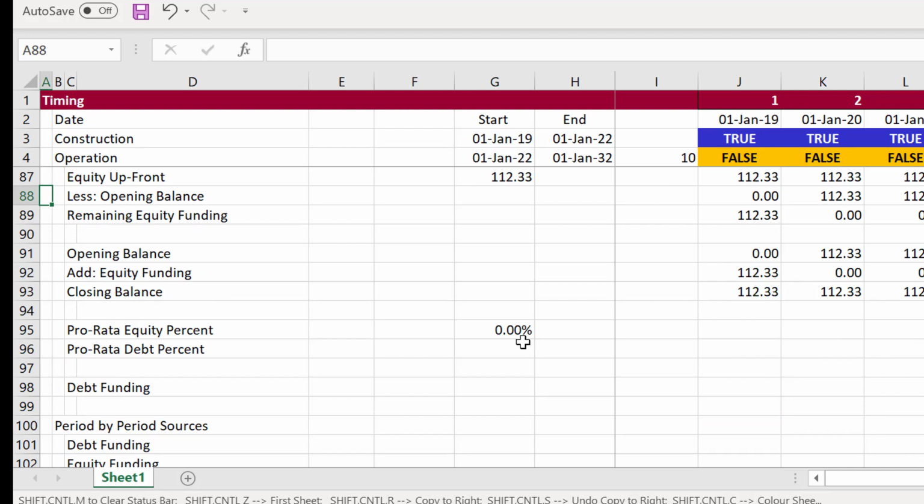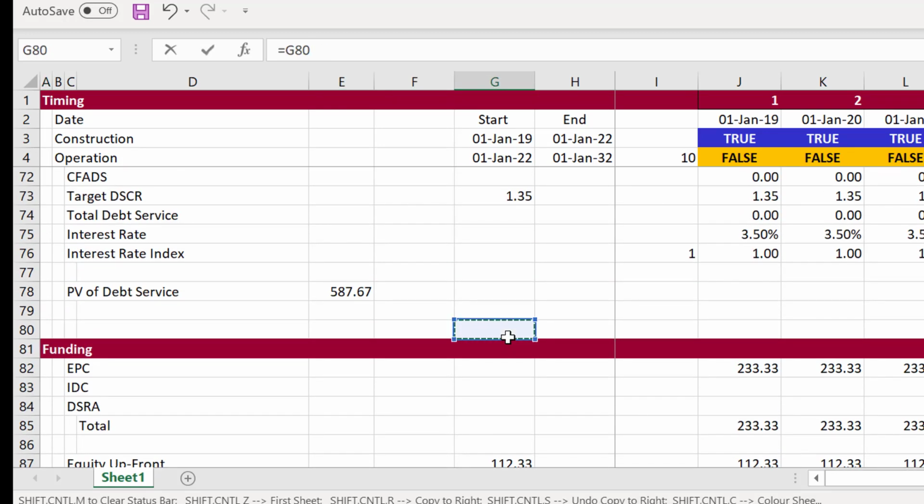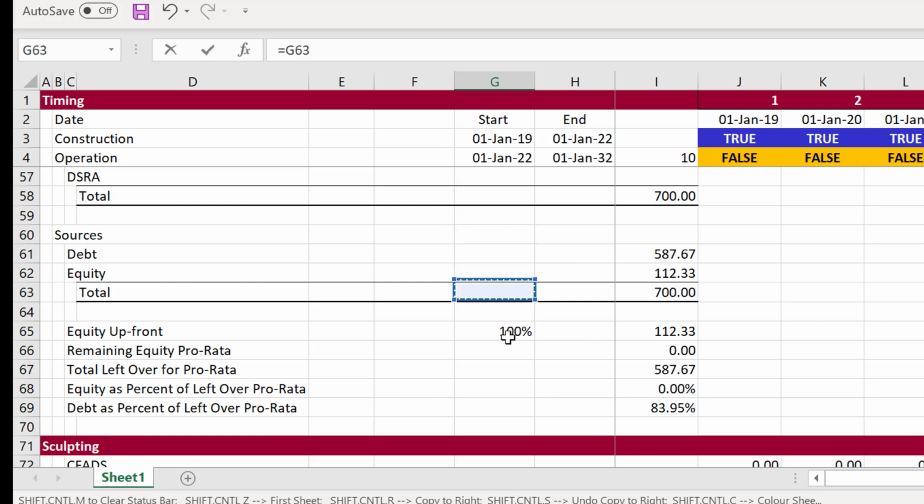I am totally embarrassed, because, let's do it simply. I made this mistake on purpose, of course not. I said, let's take the equity that's up front, and whatever is left over we put here. So our total pro rata, total left over, is the total funding minus the equity.